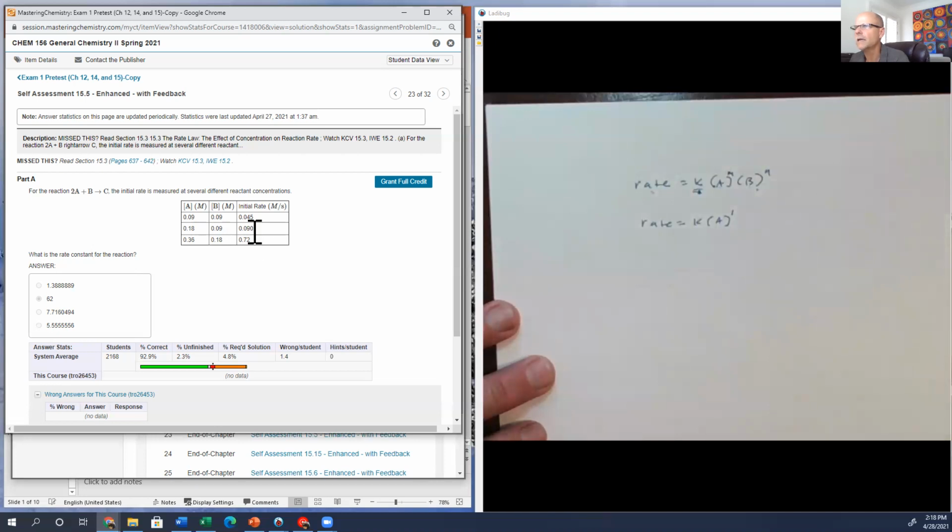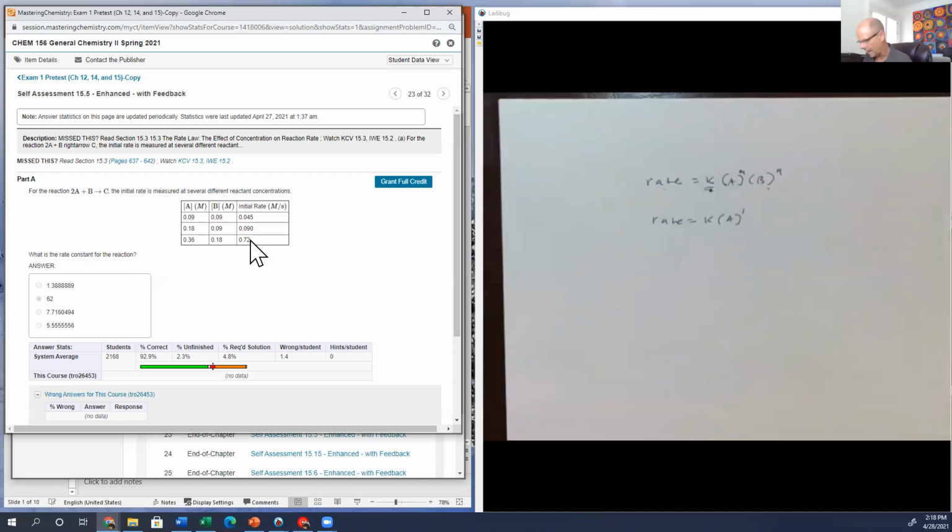So doubling A would result in 0.18, 0.09 times 2, right? That's 0.18. But what did you get instead? You got 0.72. So 0.72 divided by 0.18 equals.